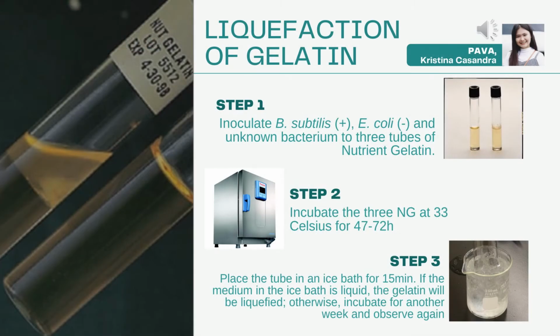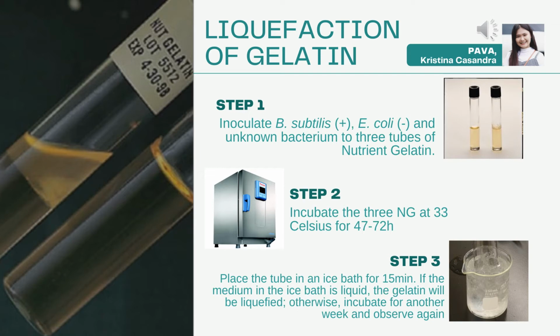So the first test that we will be conducting for the degradation of large molecules is the liquefaction of gelatin. The procedure is the following. Step 1 is to inoculate Bacillus subtilis, E. coli, and an unknown bacterium into 3 tubes of nutrient gelatin. Second, incubate at 33 degrees Celsius for 47 to 72 hours.